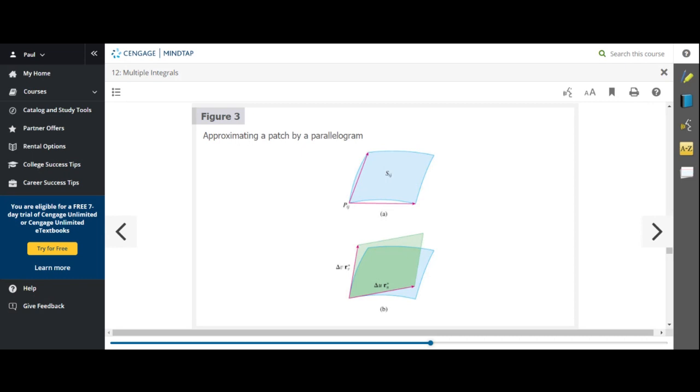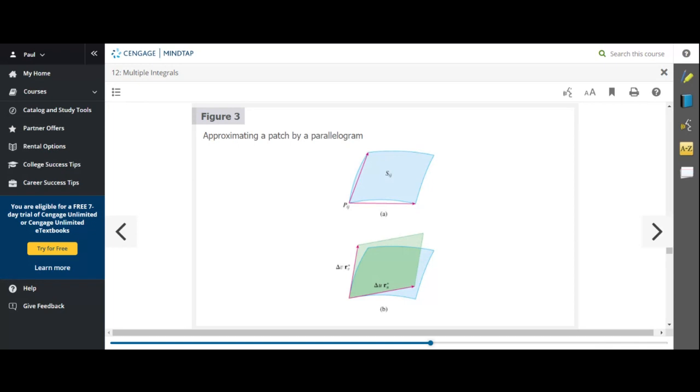If we want to make our patches smaller and smaller, we can multiply those derivative vectors by a scalar delta u and a scalar delta v. There's nothing wrong with that. We want a small patch, because the surface area of a small patch is very well approximated by the area of a parallelogram.